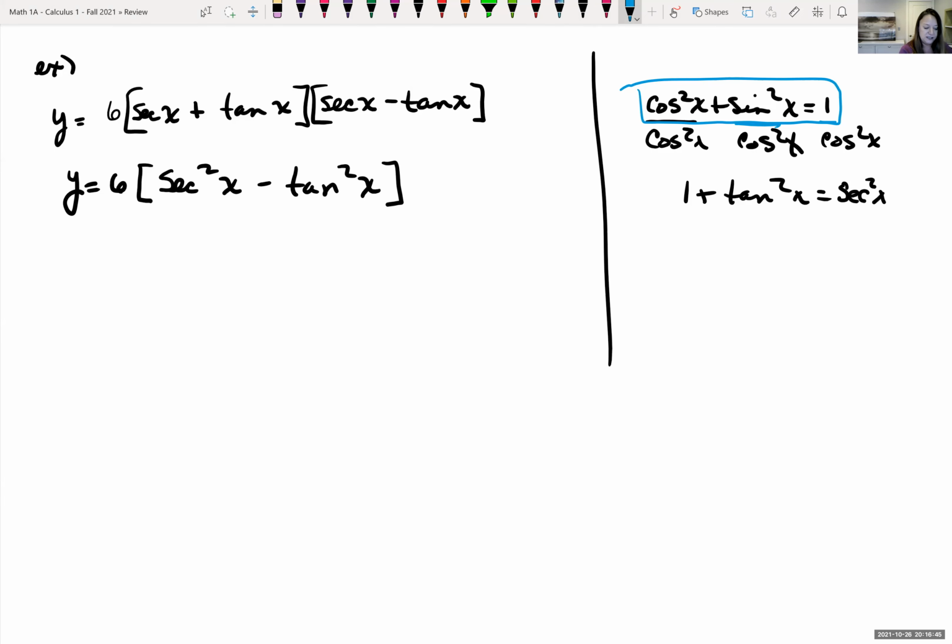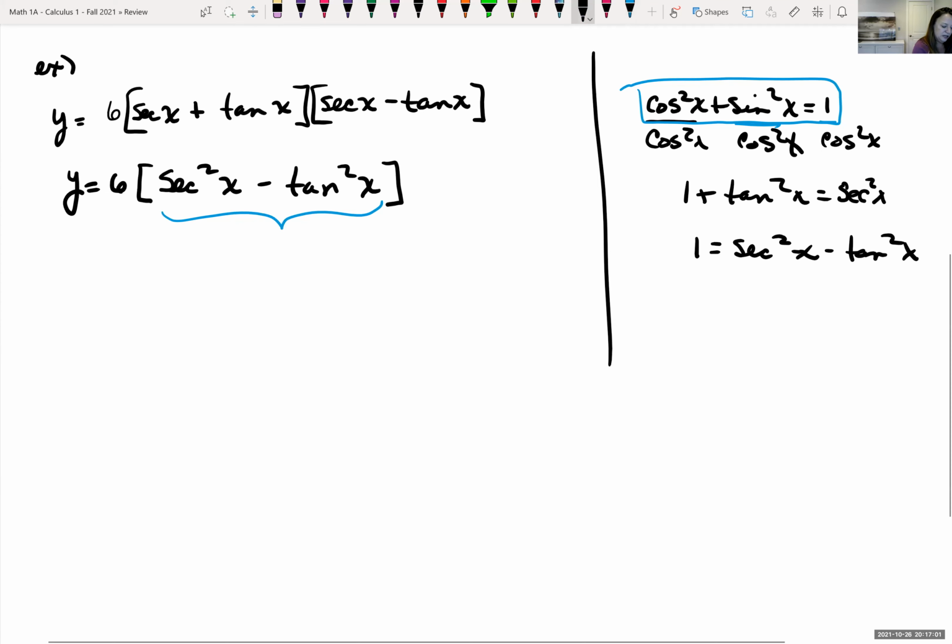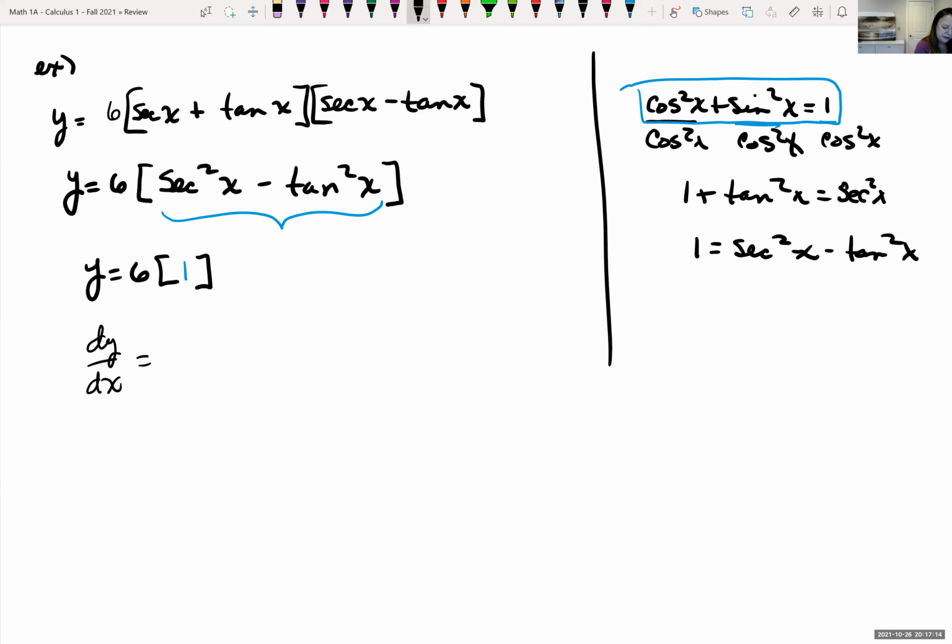So notice if we subtract tangent squared on both sides, we can see that 1 is equal to secant squared x minus tangent squared x, which is exactly what we have right here. And so even before we took the derivative, we have y is equal to 6 all times 1. And now when I take the derivative of a constant, that's just equal to 0.